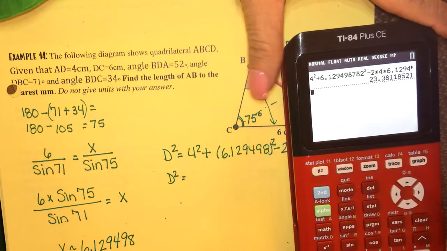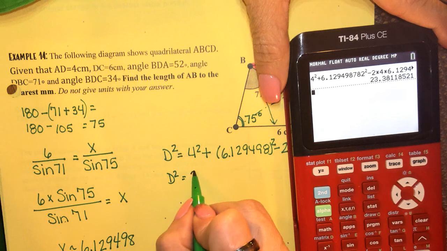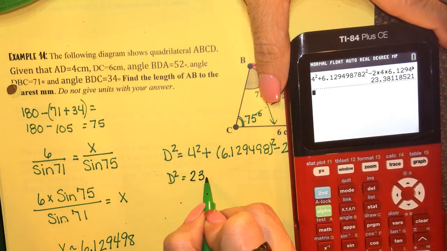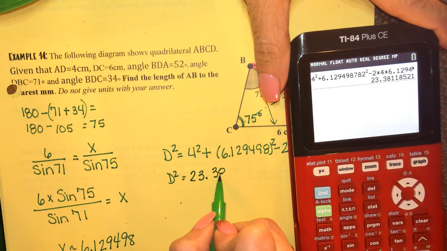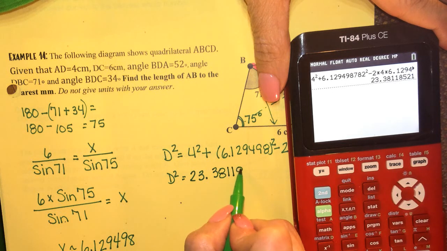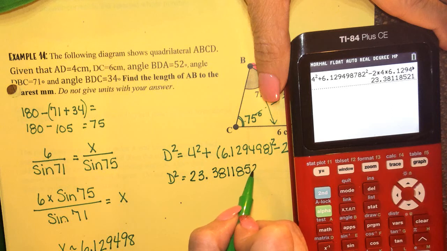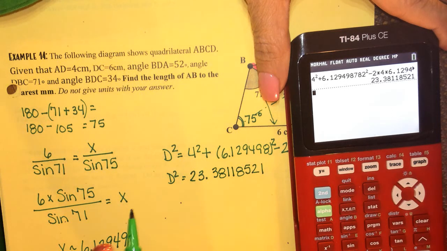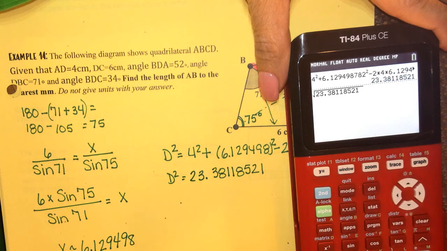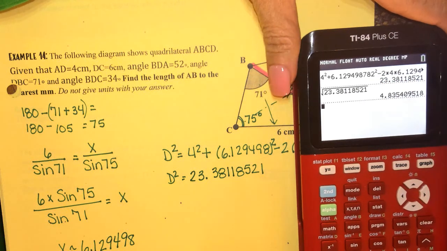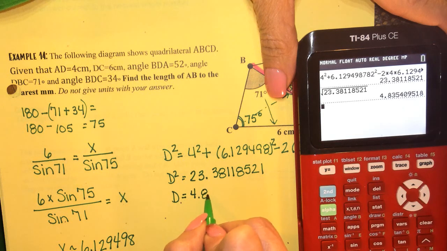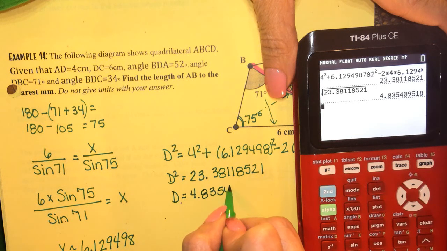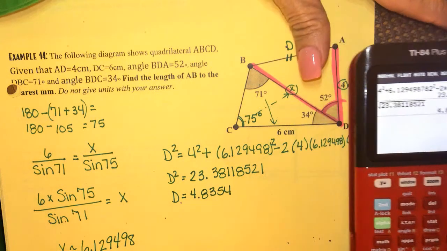Oh, yeah, that is what I got. So that's 23.38118521. I've got to take the square root of that big old answer. All right, so D equals 4.8354.